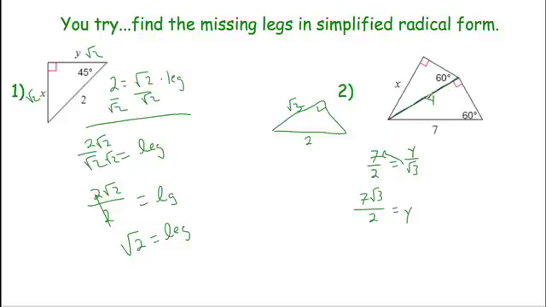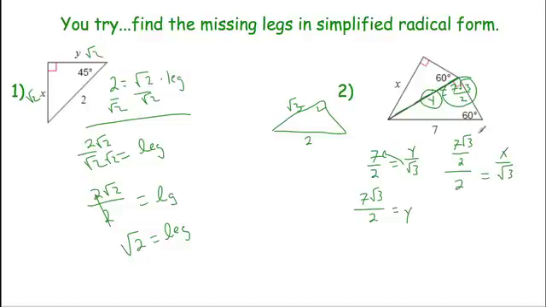Now I have to do it again. So now I'm using this to find x. So I know this is 7 radical 3 over 2. So 7 radical 3 over 2, that whole thing is the same as which side? 2. So over 2 equals, and then I have x over radical 3.